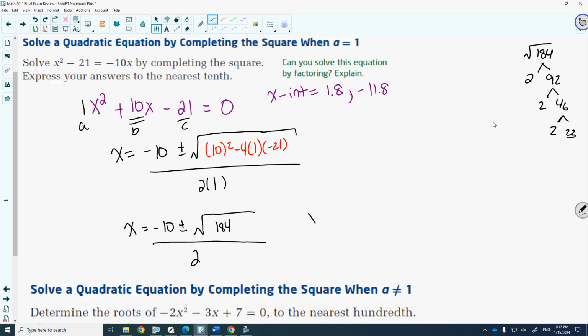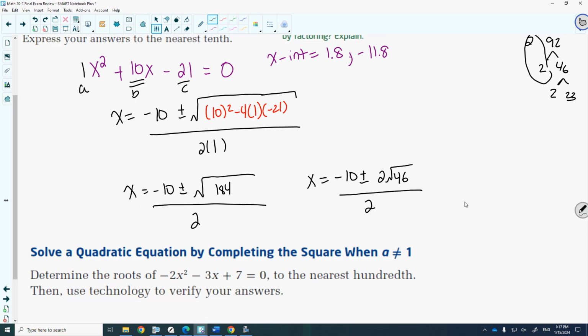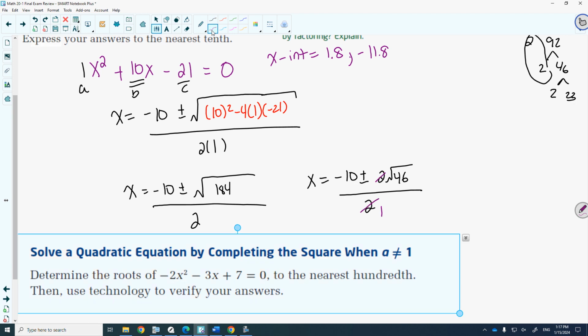So we'd get x is equal to negative 10 plus or minus 2 root 46 all over 2. Can I clean it up? Yep. I could divide everything by what number? By 2. 2 goes into 2 once. It goes into 2 once. 2 goes into negative 10, this would be 5. So my answers are going to be negative 5 plus or minus the square root of 46.